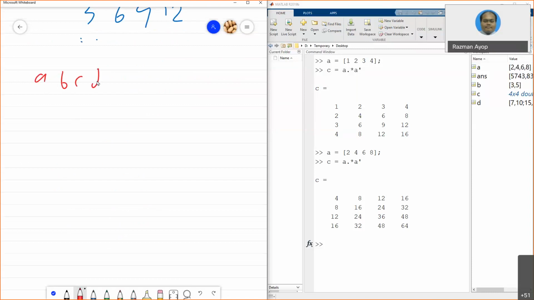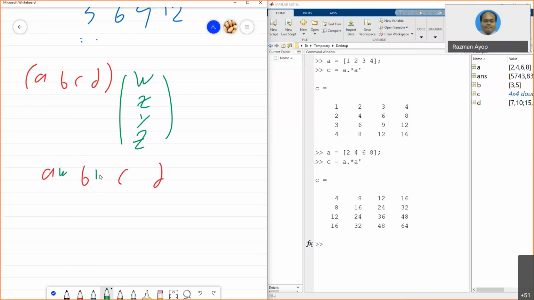Okay, A, B, C, D and W, X, Y, Z. So basically the answer is A, B, C, D, W, W, W, W. Then A, B, C, D, X, X, X, X. Then A, B, C, D, Y, Y, Y, Y, and lastly A, B, C, D.